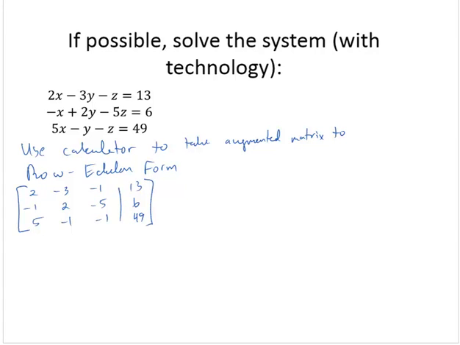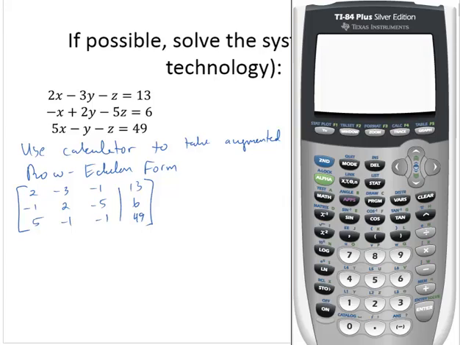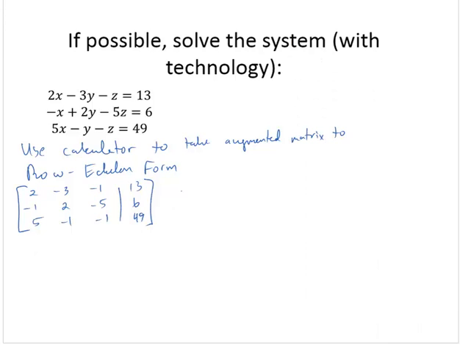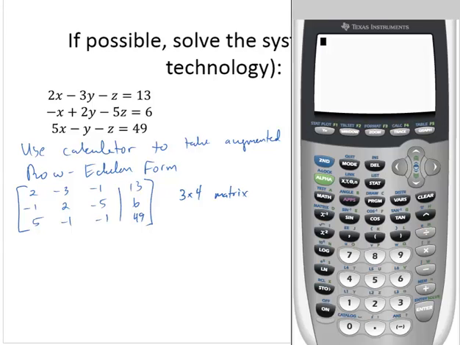Alright, so on the calculator, what I'm first going to do is define the matrix. So this is a 3 by 4 matrix: 3 rows, 4 columns.